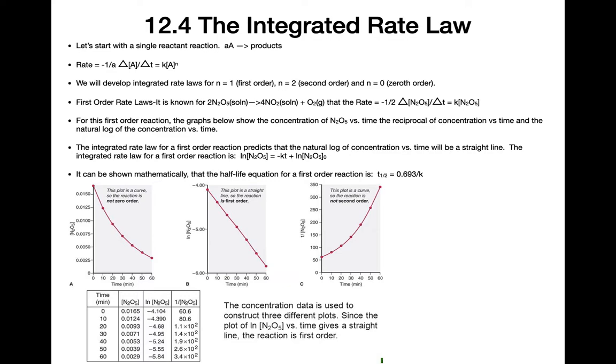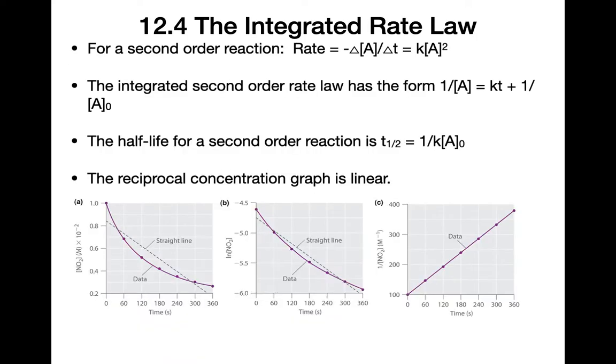Half-life meaning how long will it take before you only have half of your original amount of reactant. So for first order, half-life is 0.693 over k, and for second order, half-life is 1 over k times the concentration of A at time 0.